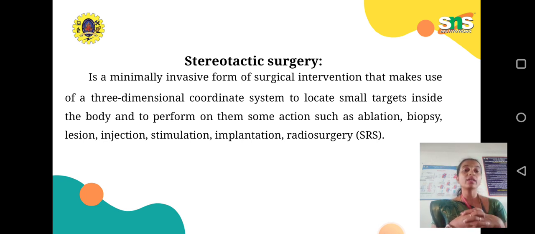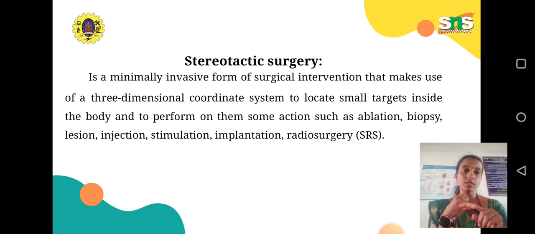A three-dimensional coordinate system is used to locate a small target inside the body and to perform some actions on it. What kind of actions can we perform on that small target? First, ablation.